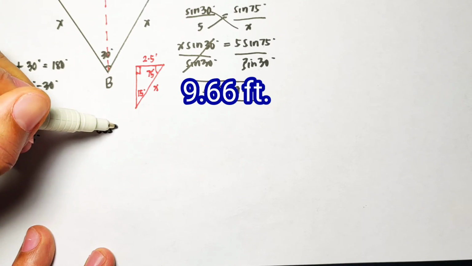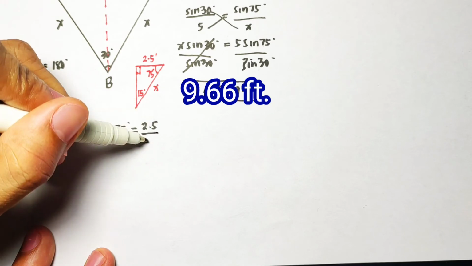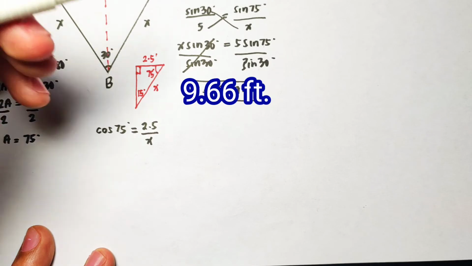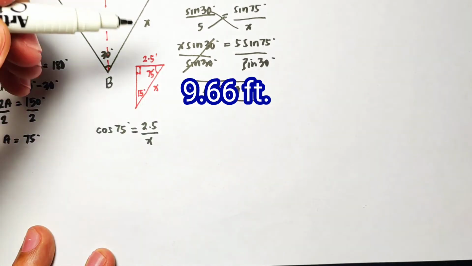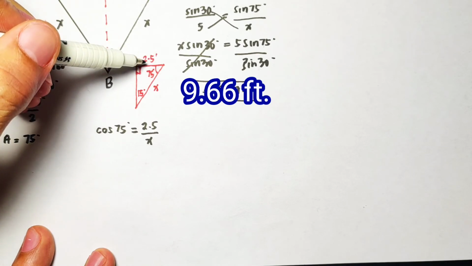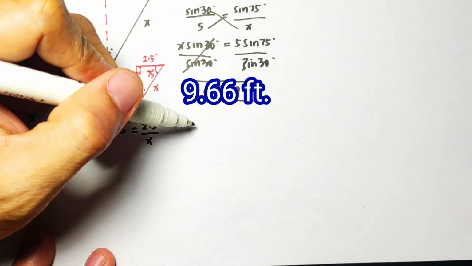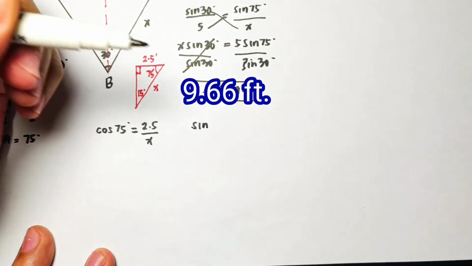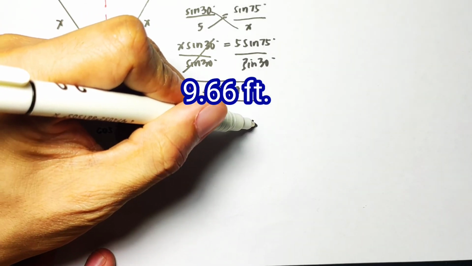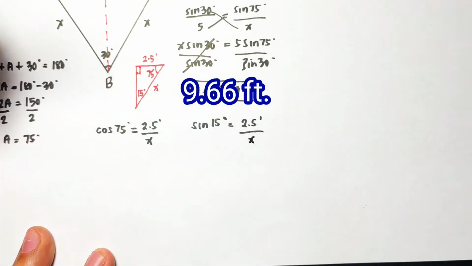So cosine of 75 degrees equals 2.5 divided by our X. But if we are going to use the angle which measures 15 degrees, we need to use the opposite side of 2.5 feet and the hypotenuse. So we will use O and H, or SOH, which represents the sine function. So sine 15 degrees equals 2.5 feet divided by our hypotenuse X.